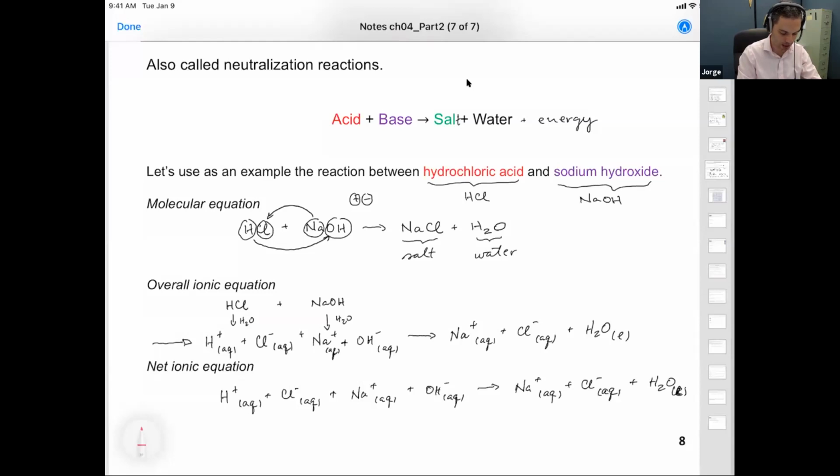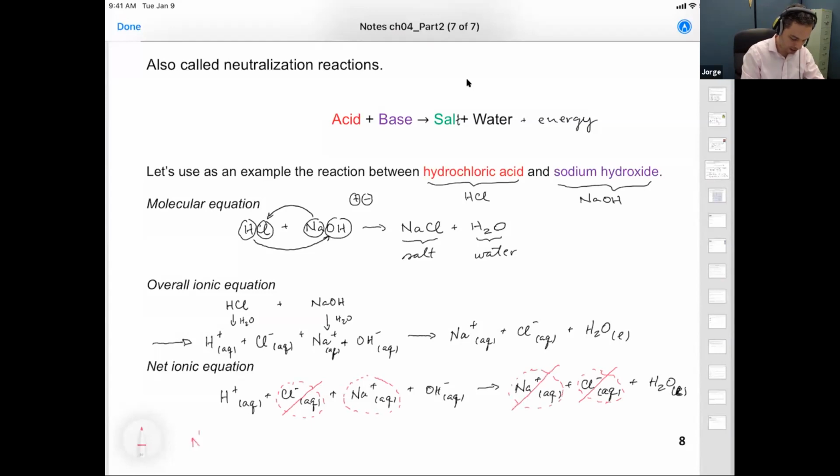Cl- appears as the reagent and the product, therefore it is going to be canceled. And Na+ also appears as the reagent and the product, therefore it is going to be canceled.